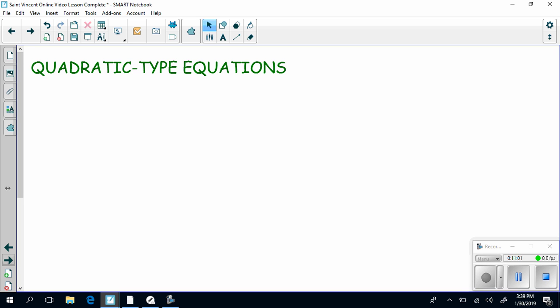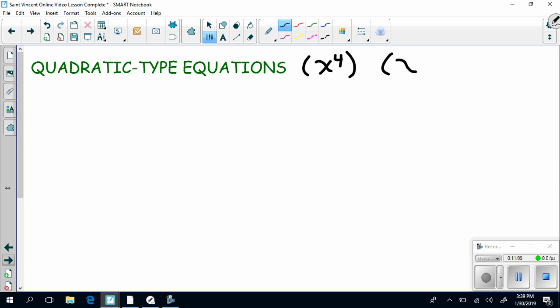Okay, the next thing in chapter 1.6 is quadratic-like equations. These are equations that are the same exact thing as factoring, but you are going to have x to the 4ths and x to the negative 2s, which is very weird. If I go back and look at all my quadratic equations, they had x squareds. All those factorings we've done have all had x squared.